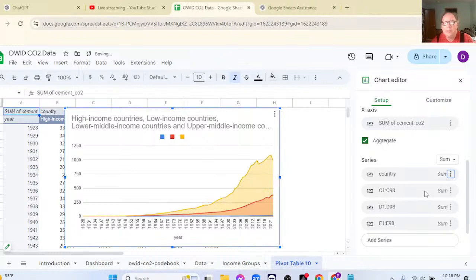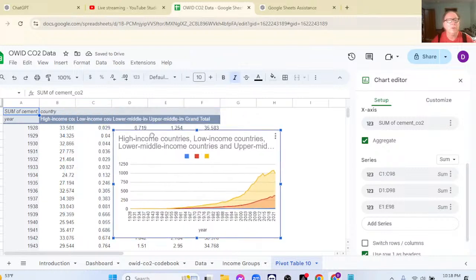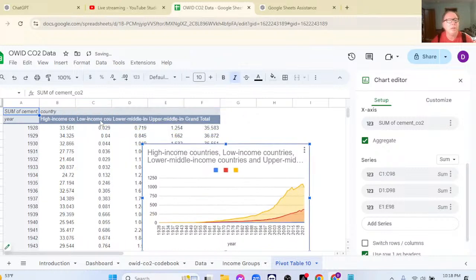Let's remove country. No, the trouble is, well, no, the country is, for whatever reason it's treating this up here.